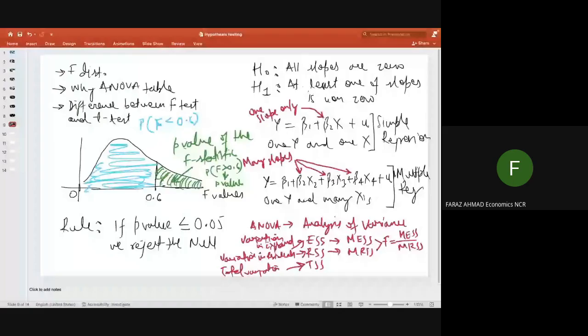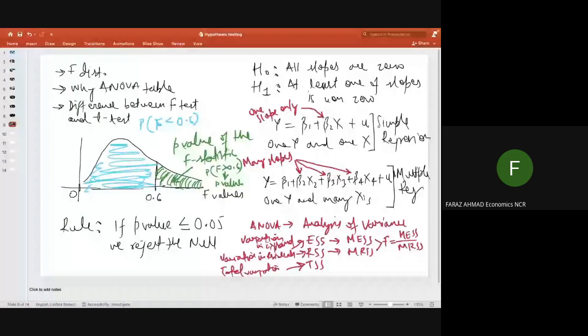The t-test is performed as many times as there are slopes in the regression. So if there are 5 x's, there will be 5 slopes, and you will undertake a t-test 5 times, once for each of the x's.